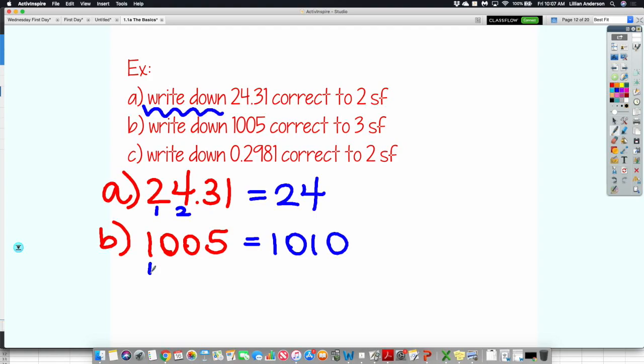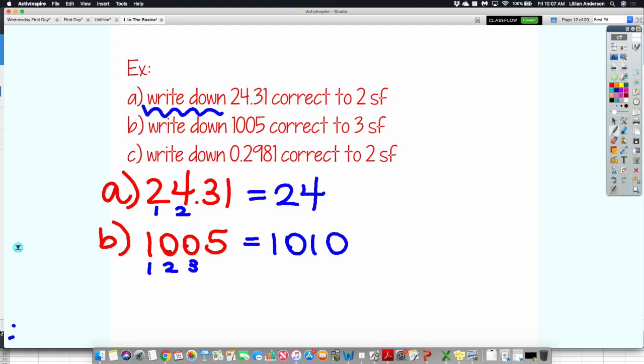So the 1 is significant, and both of these zeros are significant. So at this point, you would stop, and you would look at the number after to see if it needs to stay a 0 or round up to a 1. Since it's 5, you do round up, but you have to have a placeholder afterwards, okay? You just can't have a 4-digit number turn into a 3-digit number, okay?